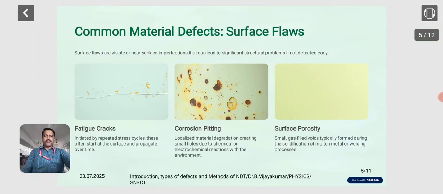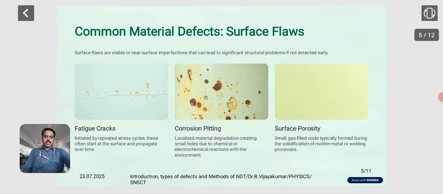The next one is common material defects, surface flaws. The first picture is fatigue cracks, caused by repeated stress cycles. These often start and form in the moving areas. The second one is corrosion pitting, the rusting or corrosion on the surface of the material.